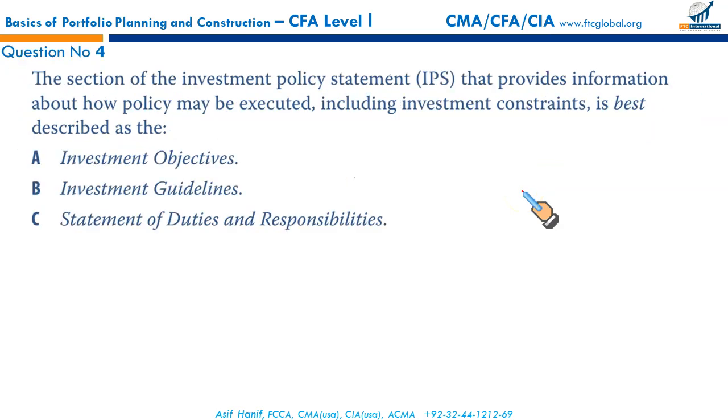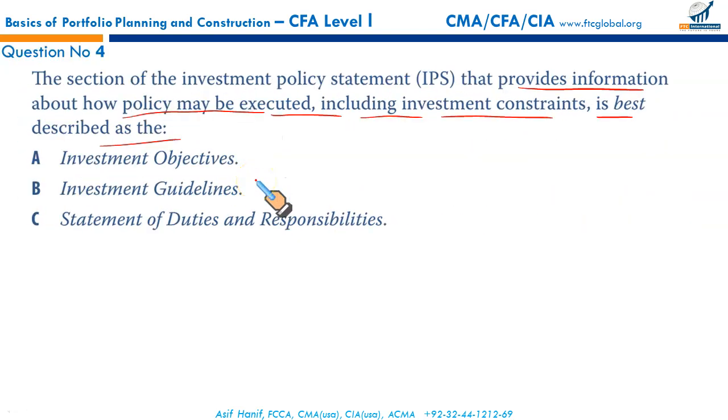Next, the section of investment policy statement that provides information about how a policy may be executed, including investment constraints, is best described as, that is, investment guidelines. Investment guidelines are described as the section that provides information about how policy may be executed, including investment constraints, and so on and so forth.